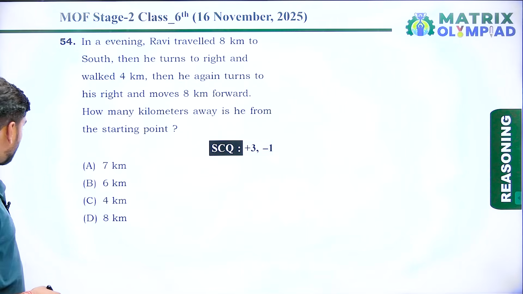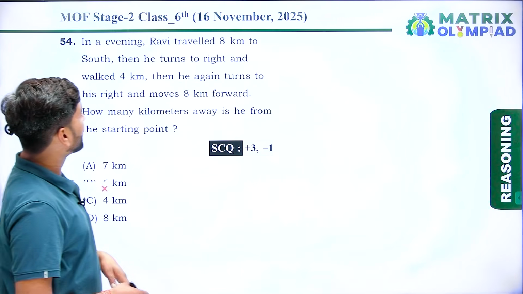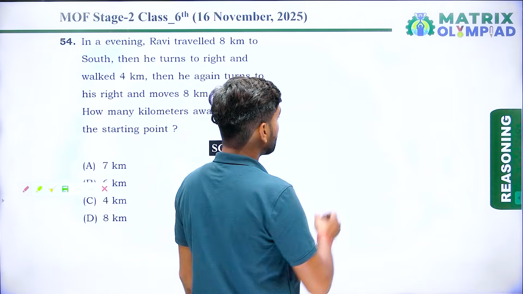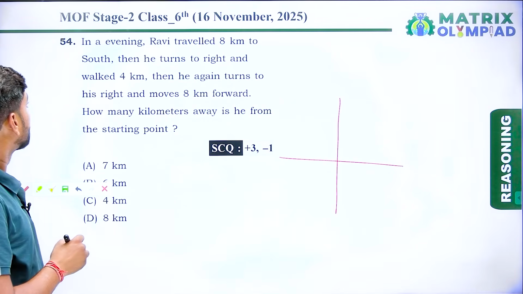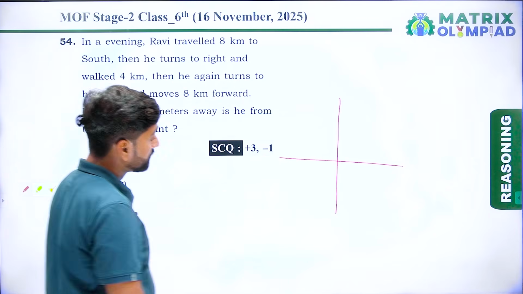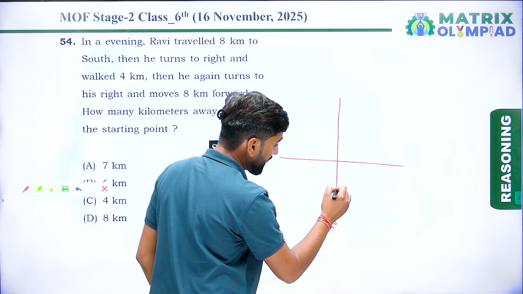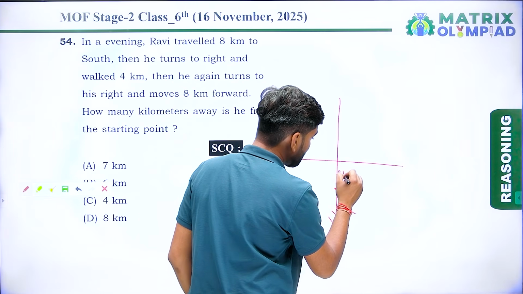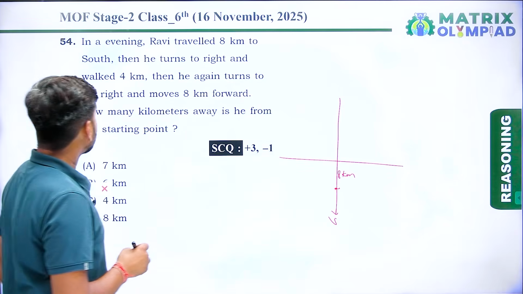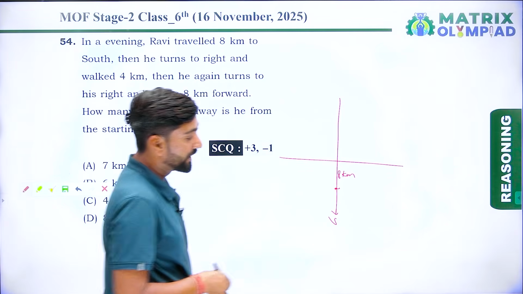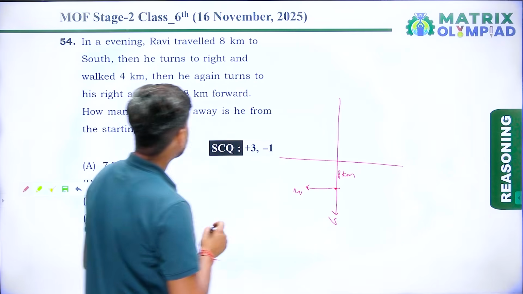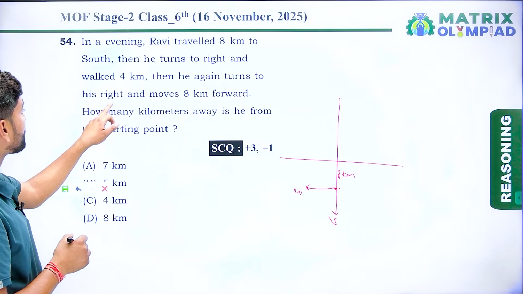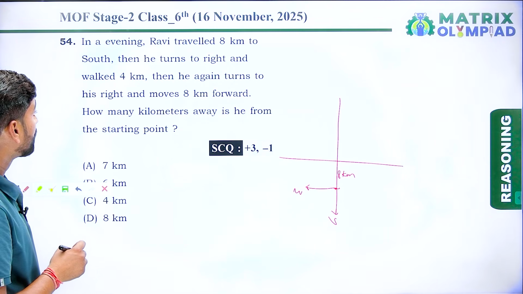In the next question, we have a direction problem which states that Ravi traveled 8 kilometers toward the south, then turns right. If he takes a right turn, then he will go in the west direction, and from here he again turns to his right and moves for 8 kilometers.